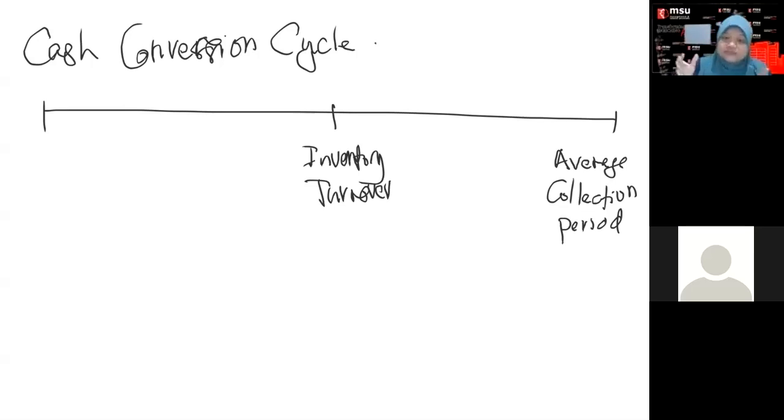I just want you to understand the relationship between all the information you have. From the inventory being sold out from the store until you get cash from your customer, we call it the operating cycle.